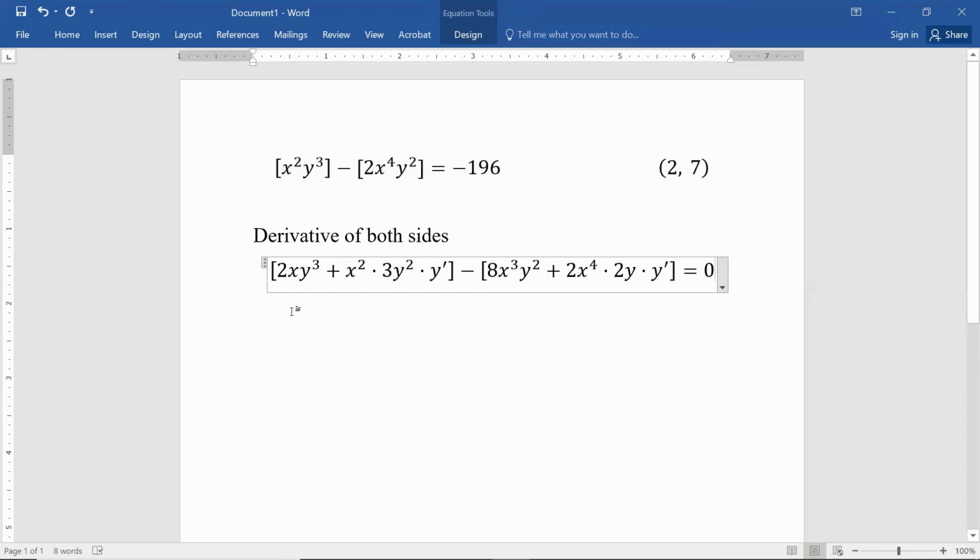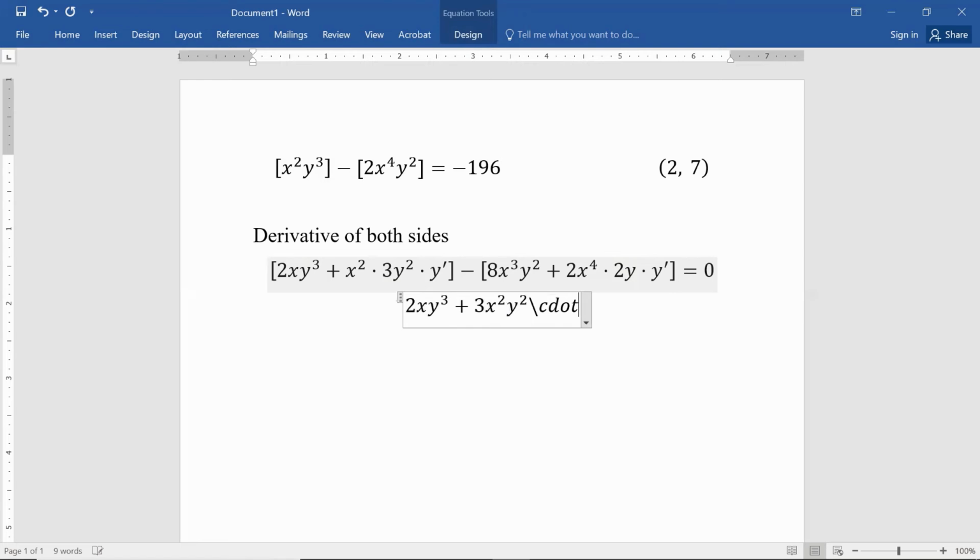So what we get here is a big, long equation. It's all right, though. We can deal with it. I'm going to clean this up a little bit. 2xy to the third plus x squared y squared times 3.